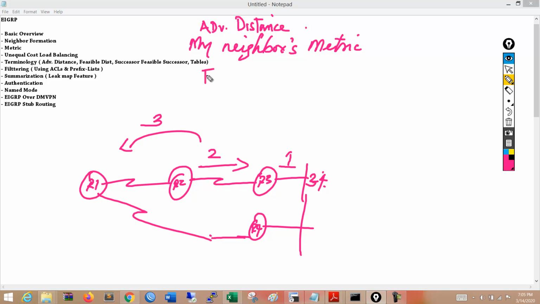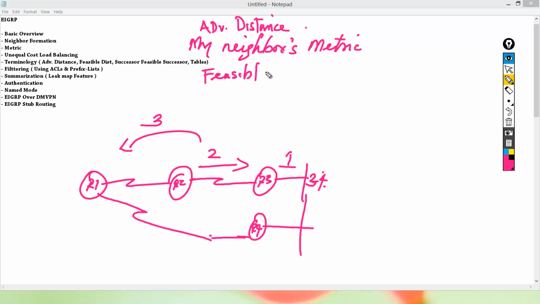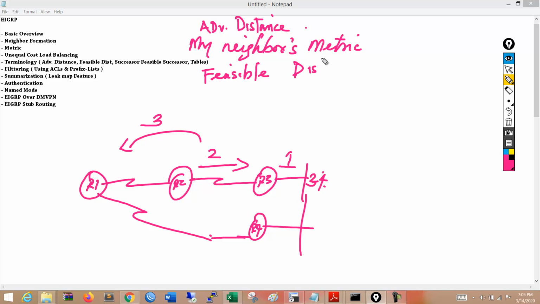Another one is the feasible distance. Feasible distance is my metric. So we are taking ourselves as the router. The feasible distance for R1 now, if this is a cost of 5, is going to be 5 plus 2 plus 1, equal to 8.